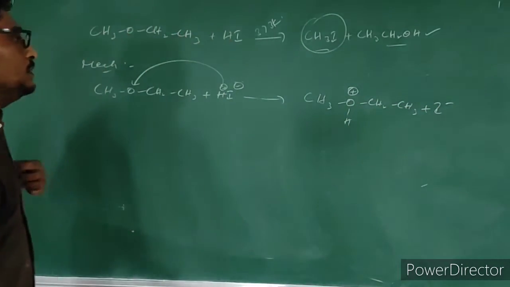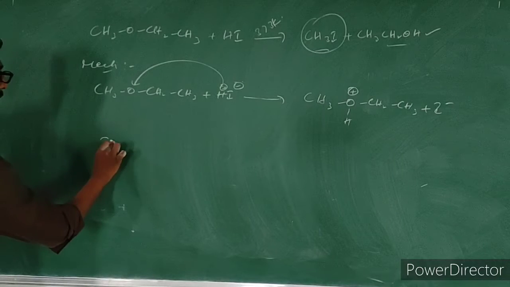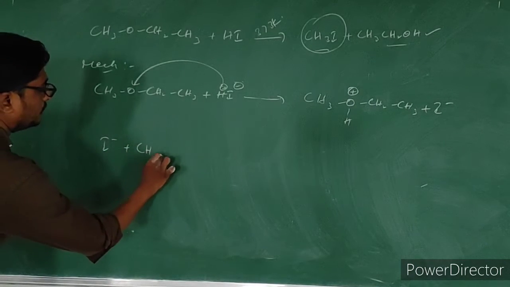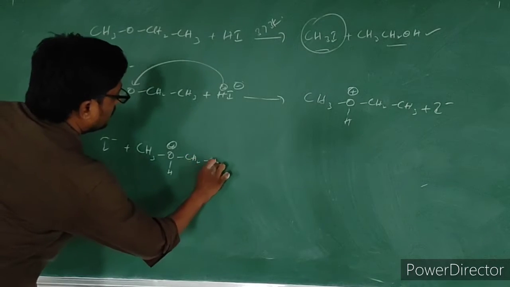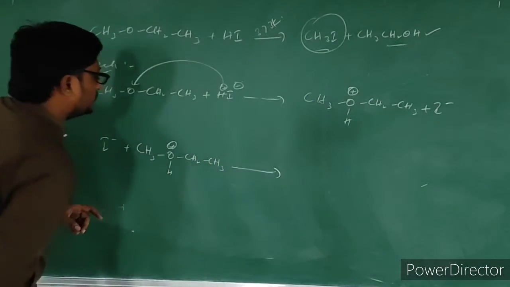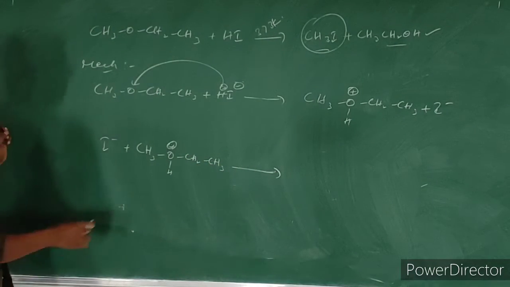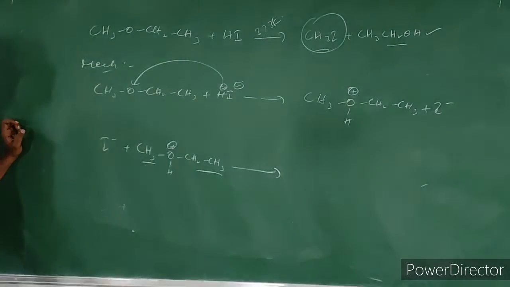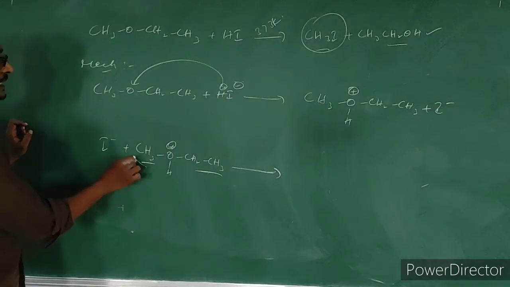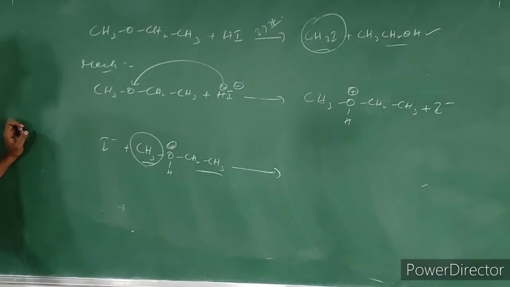Now I minus attacks the oxonium ion. In this oxonium ion, there are two alkyl groups, this is methyl and this is ethyl. The methyl group will be sterically less hindered.